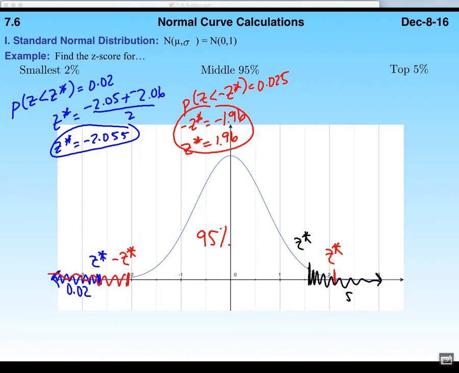So this is the upper 5%. The probability that z is greater than my z star is 0.05. What am I going to look up on the table? The table does not do upper.